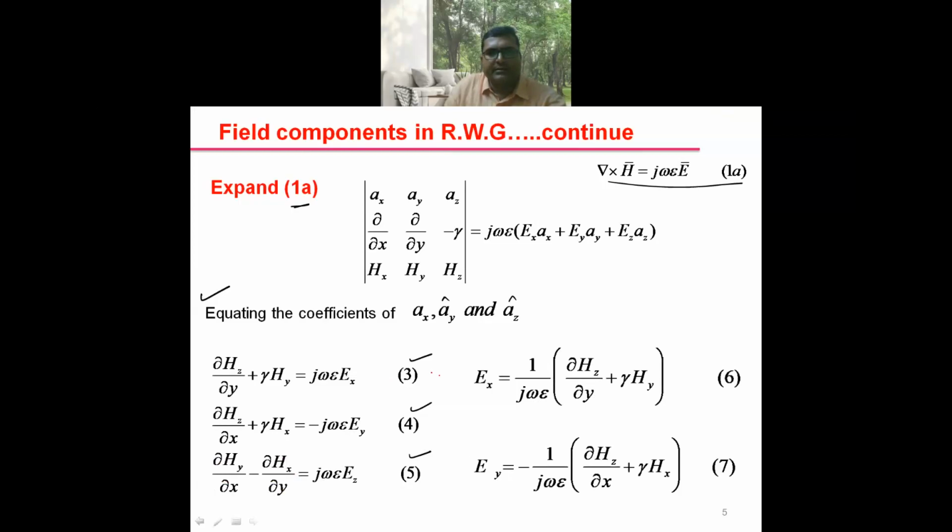From 3, if we separate Ex, we get equation 6, and Ey, we get equation 7. Similarly, we can further proceed and expand 1b in the next slide.